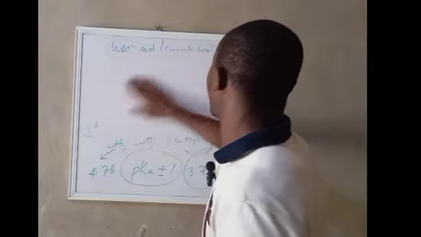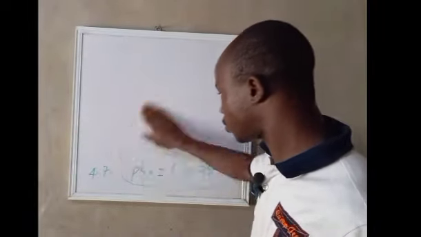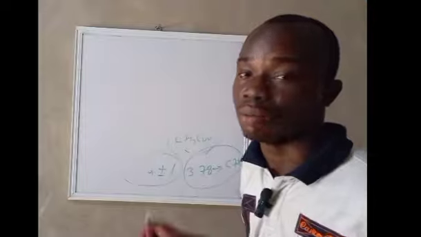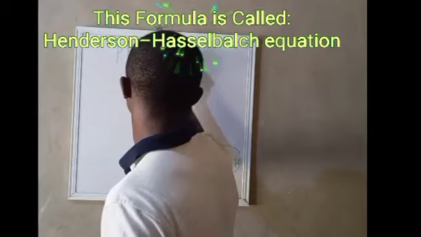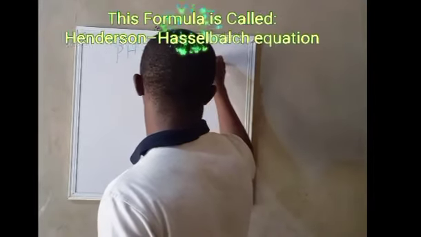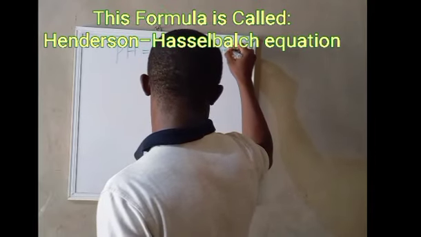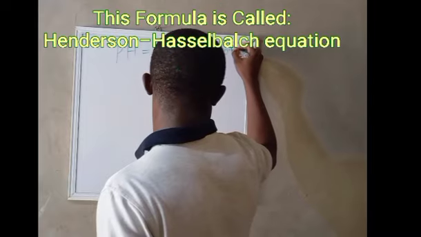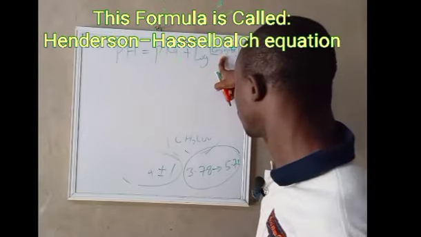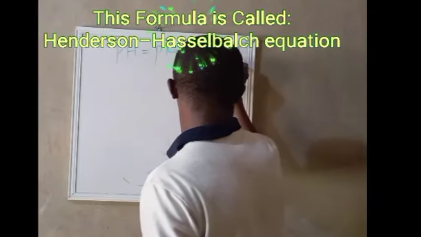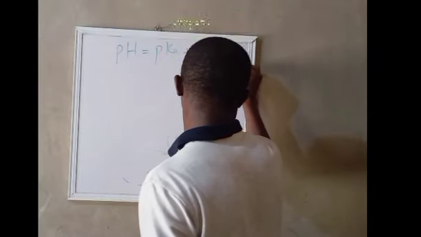Generally, when you want to calculate the pH of a buffer system, you can simply use this formula: pH is equal to pKa plus log of the concentration of the conjugate, which can either be a base or an acid, over the concentration of either the acid or the base.